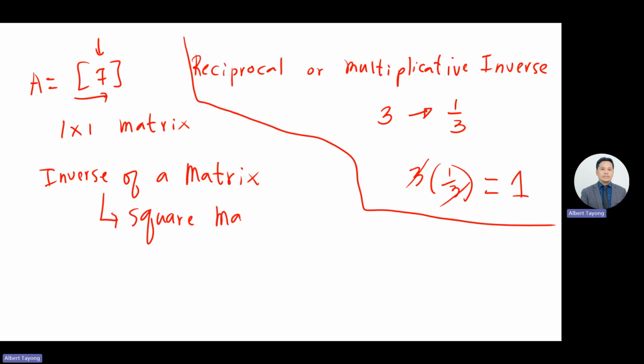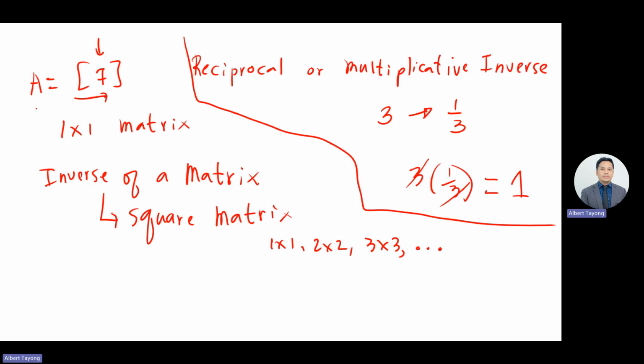What is the meaning of a square matrix? A square matrix is a matrix whose number of rows is equal to the number of columns. So we have 1 by 1, 2 by 2, 3 by 3, and so on. It can go on forever.